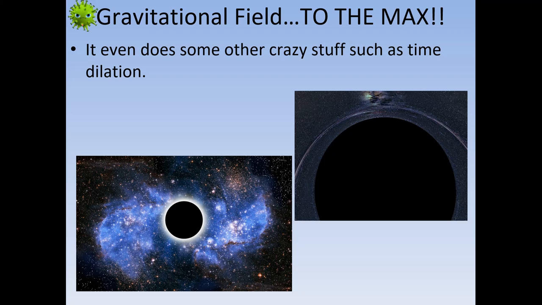So, for example, as you get closer and closer to a black hole, time for you starts to slow down a bit, meaning that your perception of a year, let's say, would be different to someone else on Earth who might experience maybe 5 years during that same time period.